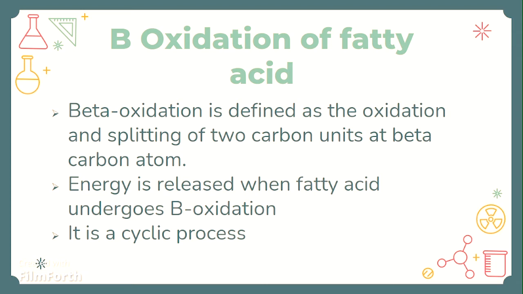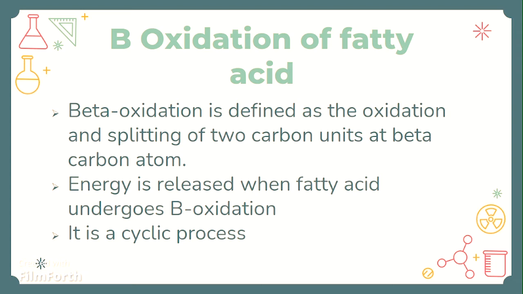Beta oxidation occurs almost in all tissues except erythrocytes and adrenal medulla. Energy is released when fatty acid undergoes beta oxidation, and the beta carbon atom of fatty acid is oxidized.